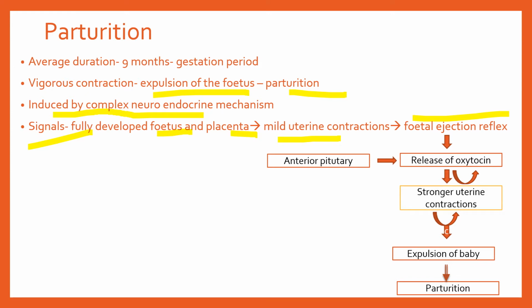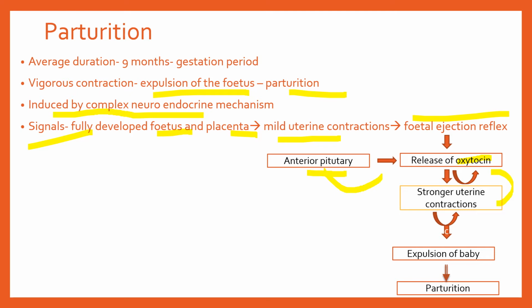These signals trigger the release of the hormone known as oxytocin from the maternal pituitary. So this pituitary gland releases a hormone called oxytocin. This oxytocin brings about uterine contraction.